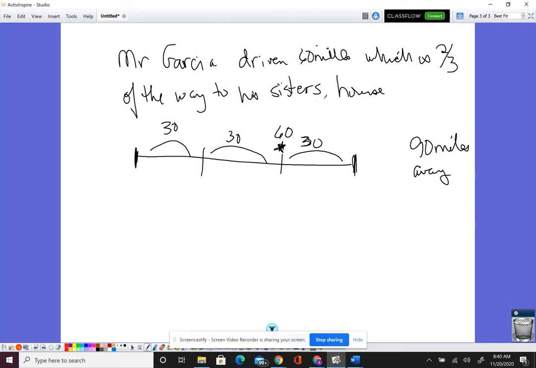If we look at mathematically translating this, 60 miles we know equals 2/3 of the way to his sister's house. And we can set up an equation that way. How do we undo this multiplication by a fraction?